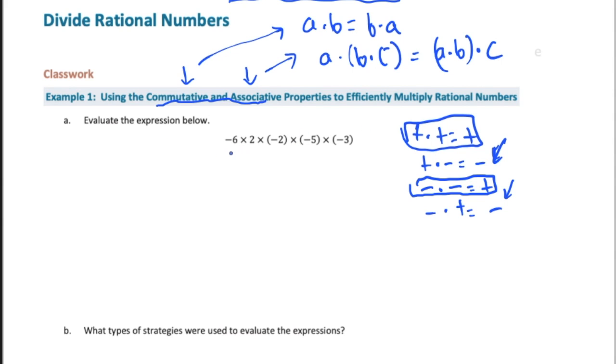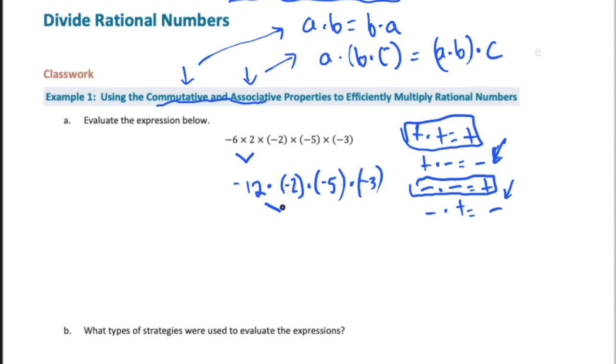Negative 6 times 2 will be negative 12. That looks like an X, so I'm going to change it to a multiplication sign like this, times negative 2 times negative 5 times negative 3.